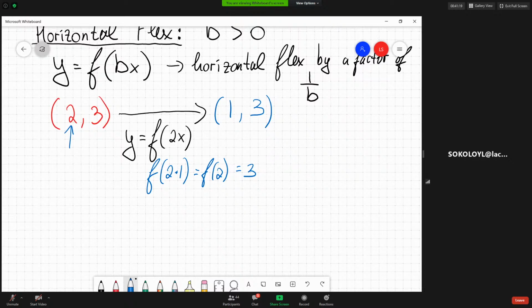So you're going to get horizontal shrink or horizontal compression. And if your b is less than 1, then something like a half. So if you're multiplying by 1 over 1/2, we know that that's the same thing as 1 times the reciprocal. So if your b is less than 1, then you get a horizontal stretch.